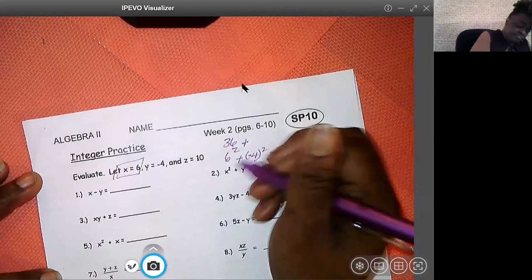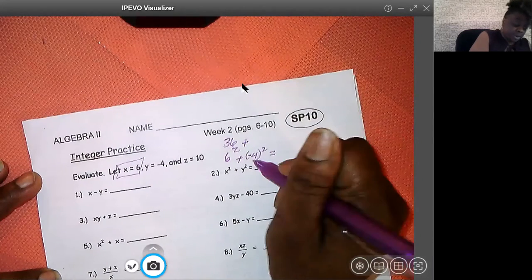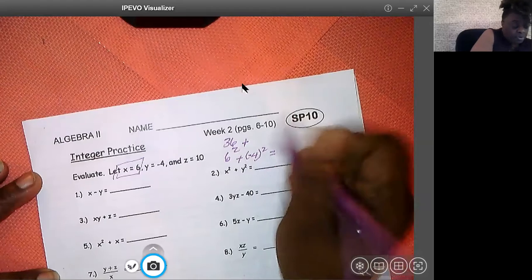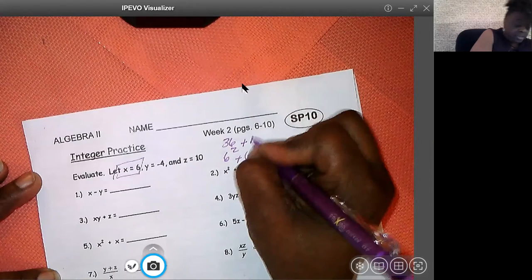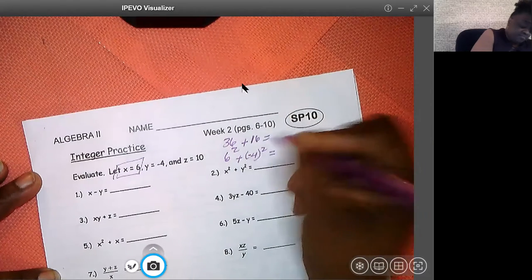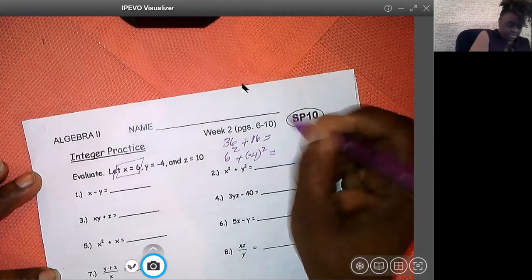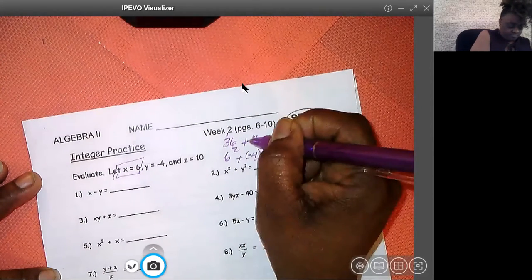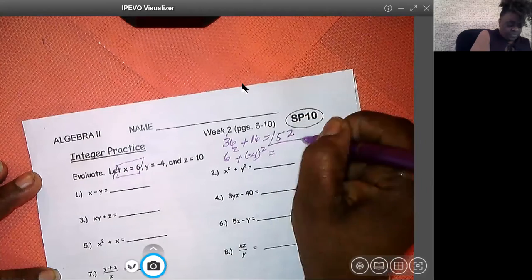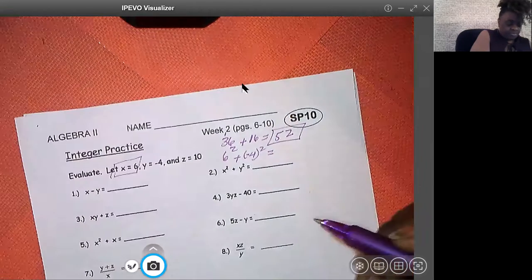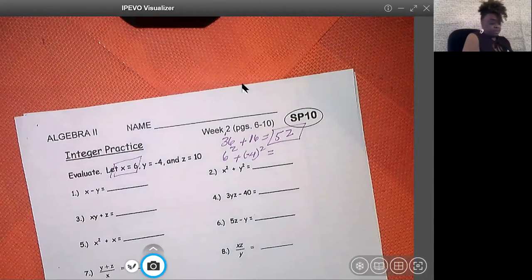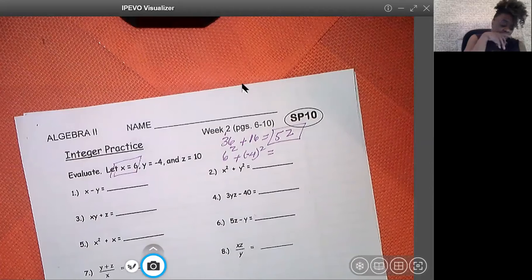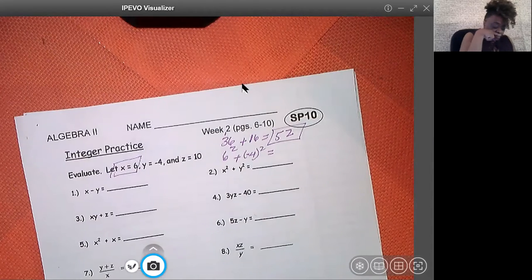Then we have negative 4 squared. That's going to give us a positive 16. Giving us a total of 52. So essentially, we're just substituting numbers. We're just kind of going over the same thing that we've been going over. This is just a compilation of everything.